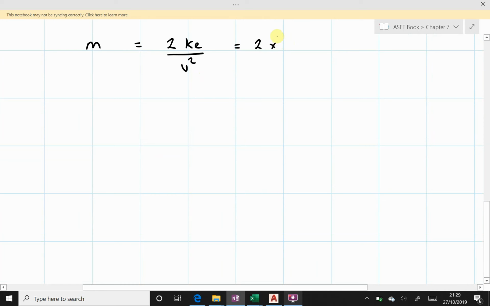We're now in a position to sub the respective numbers in, and that becomes 2 times the kinetic energy, which was 4,000 joules, divided by the v, which was 6.4, and of course that must be squared.